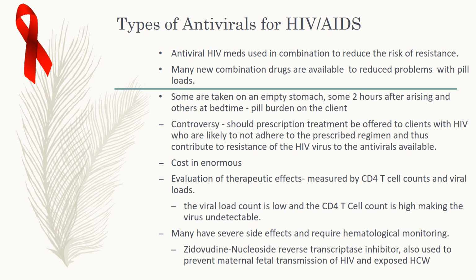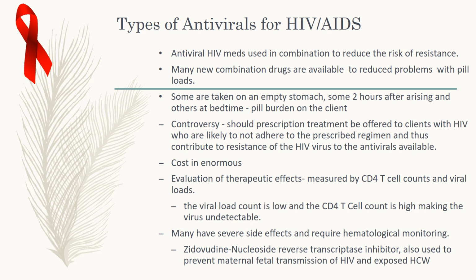The CD4 T cells count is attacked by the virus, and so it's low. When they get on their medication, we should see that those numbers reverse. We should see the viral load count low and the CD4 count high, making the virus undetectable. That's our goal in this treatment.